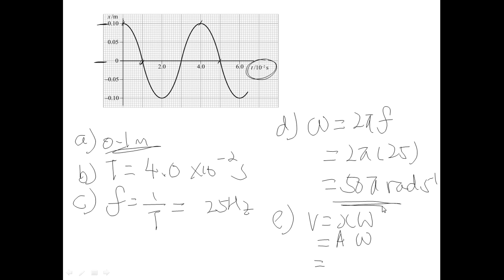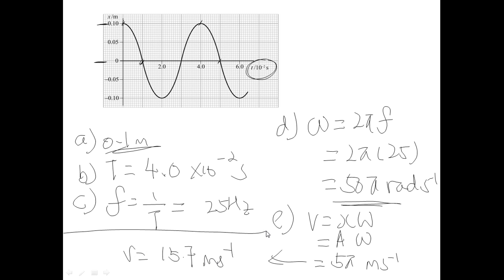So you multiply it by 0.1, you will get 5 pi. Now be careful of the unit. The unit will be meter per second. Or you can change it to 15.7 meter per second, where this is your v.